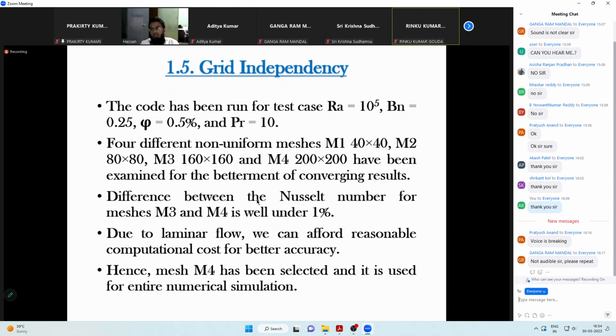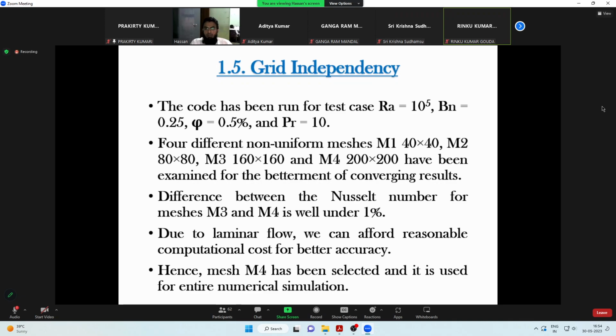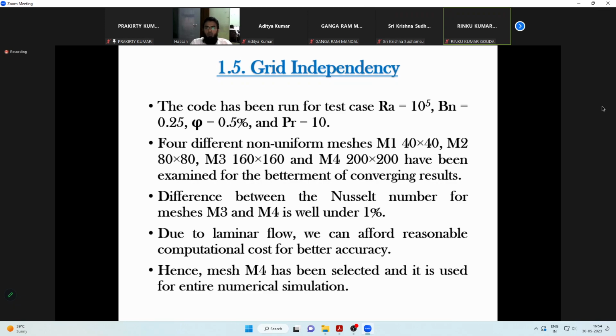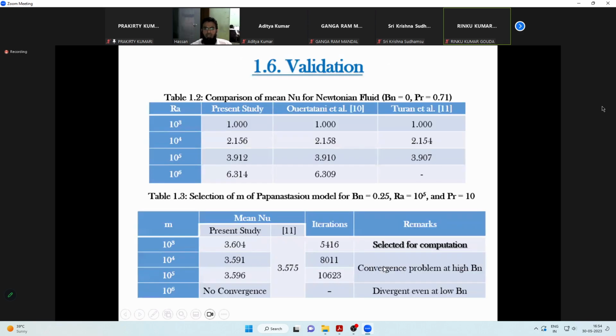There was hardly 1% difference in the Nusselt number between these two meshes, and therefore M4 was employed to solve the problem. Because it is a laminar flow, the computational cost was not very high for this simulation.